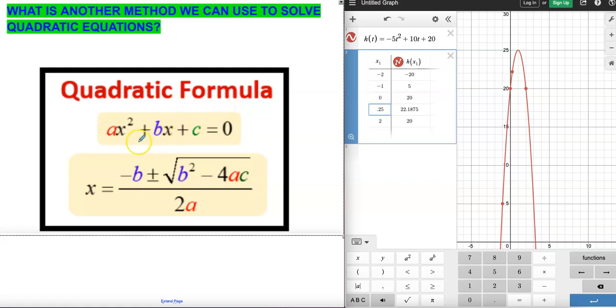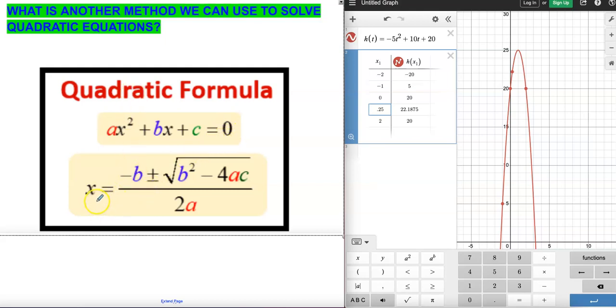Given an equation written in standard form, you have a times x squared plus b times x plus c, and we always have to make sure that it's set equal to 0. When it's set equal to 0, then we can solve using the quadratic formula.